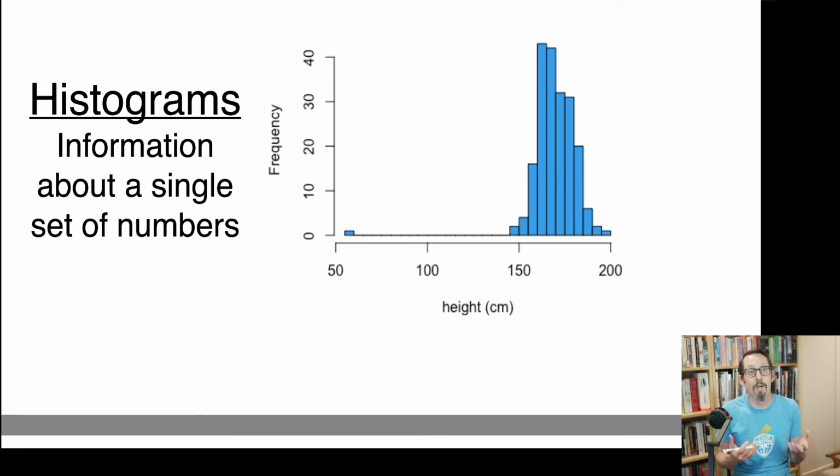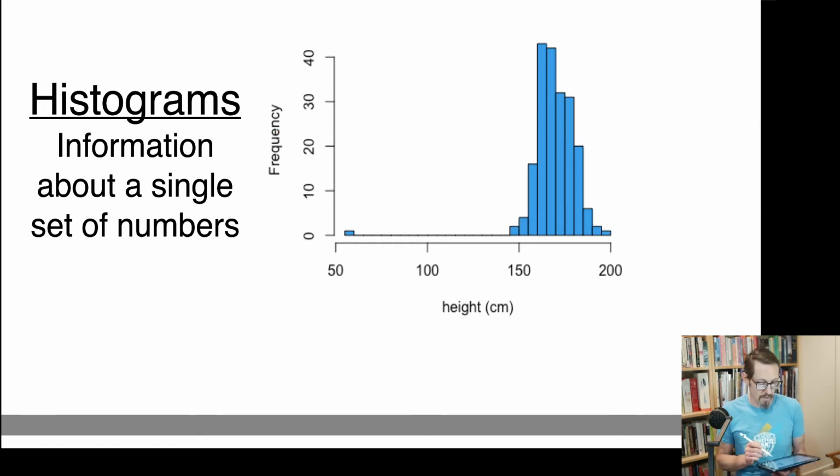So a histogram helps you answer that question. What is the distribution? What is the setup of this data across all of our samples, all of our observations? Okay? What do you see here? Along this axis, this is height. And along this axis, this is a count.